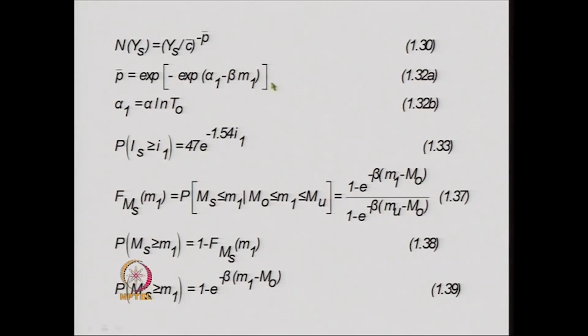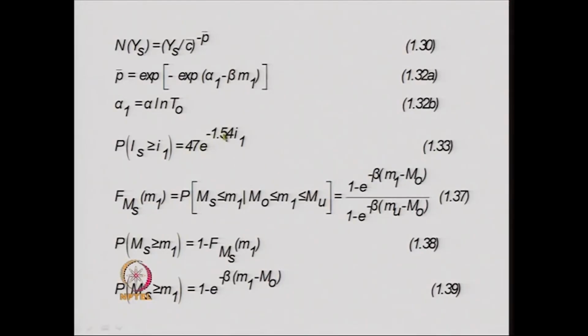Here these values 1.54 and 47 are obtained for a particular region. Say if the data is from the United States, for some region in USA, these particular values are valid. For other regions, one has to calculate the appropriate values of these parameters.